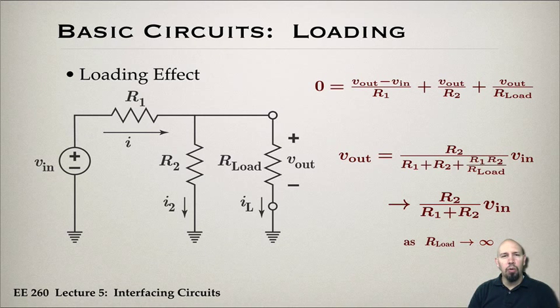For example, if R1 is equal to R2, that number will be 1/2, because the resistance value will cancel. If we wanted this to be 1/2, when we now add the load, we have added a number that's larger in the denominator, and we're going to get something that's less than 1/2. And so that's going to reduce our output voltage from this circuit.